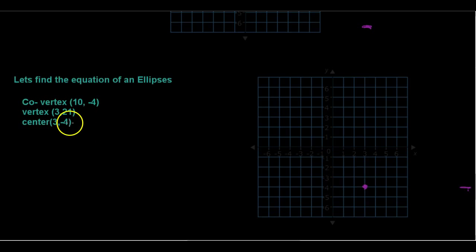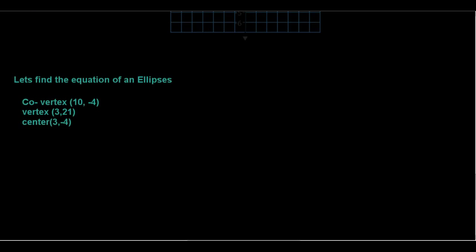Okay, so to find this, we can take the center here, and we know that the co-vertex at 10 is 7 away from the center's x of 3. Oh, okay.